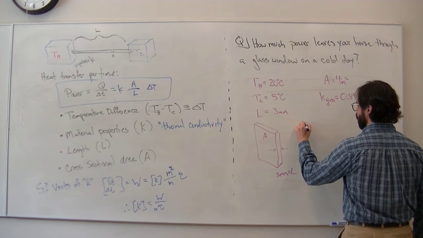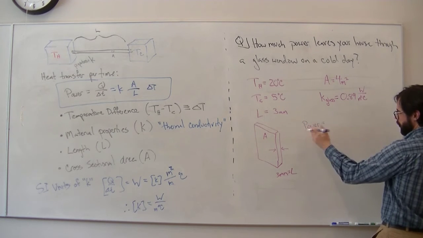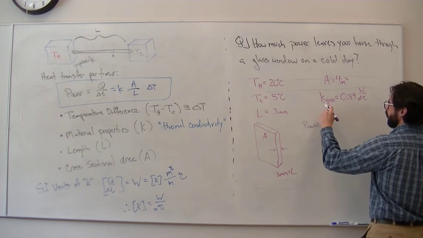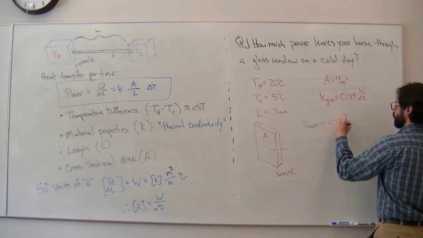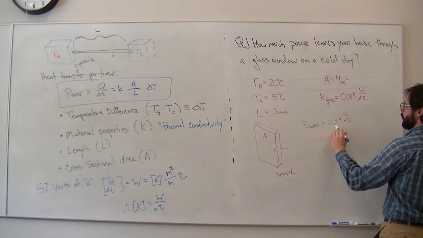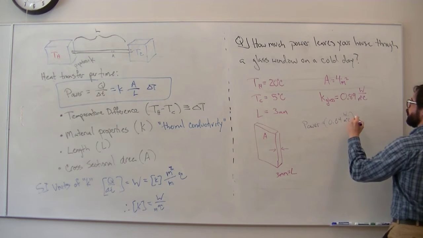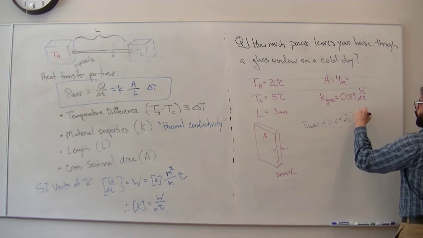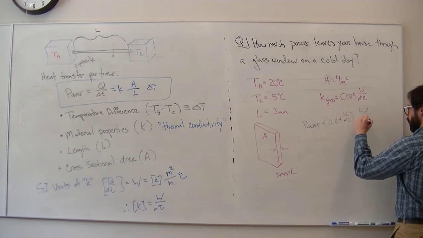So then I'll just call it power. It's heat power, so it's Q over T. 0.84, everything's in SI, so that's great. Meters, degrees Celsius. And then, just kidding, not everything's in SI. I got to put that in SI. 0.003 meters.